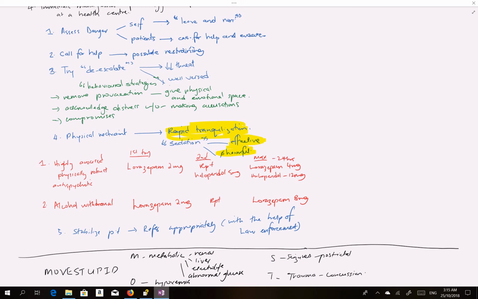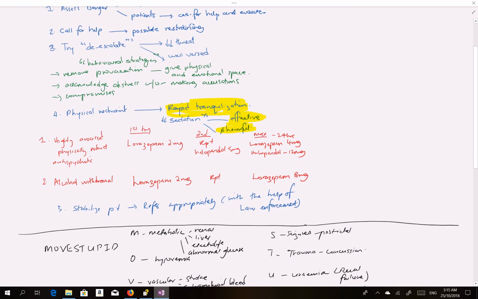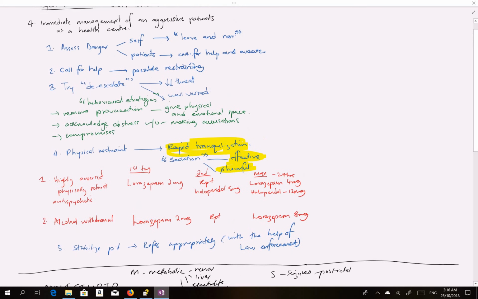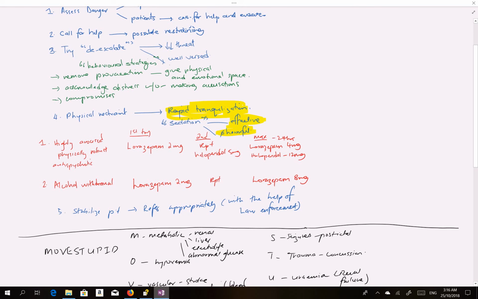So I came across the National Institute guidelines. This is the British guidelines for aggressive patients, and this is the drug guidance advocated in this document. For highly aroused or physically robust patients, or those known to be on any antipsychotic, the first drug of choice is usually lorazepam, 2 milligrams.